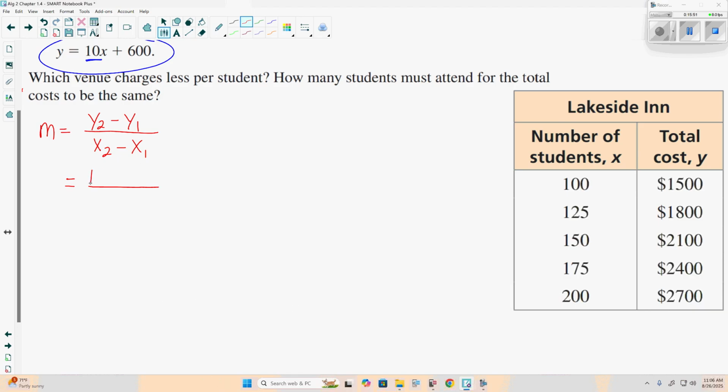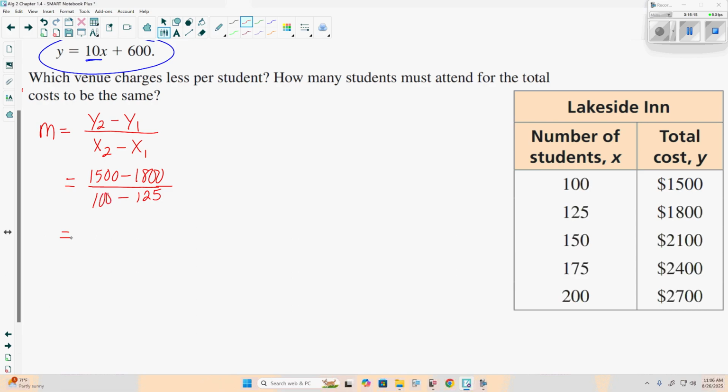So we could say 1500 minus 1800. So we just pick two of the points, yes? Now, the corresponding x value to 1500 is 100. Corresponding x value to 1800 is 125.